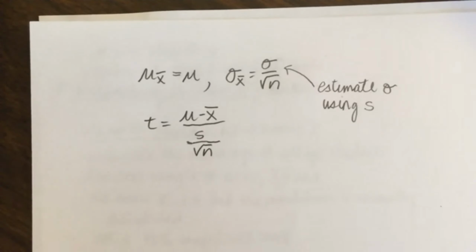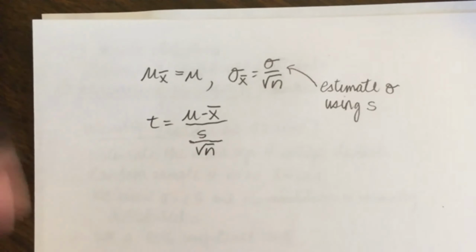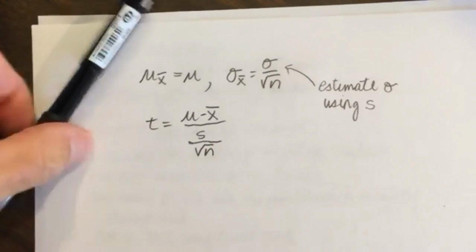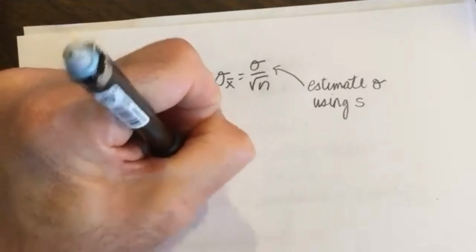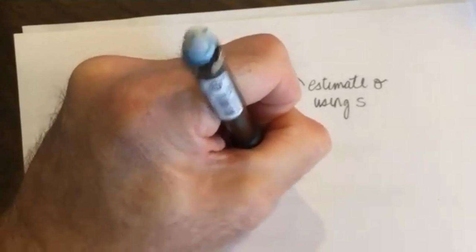Normally we would write Z here for a normal curve. It actually has a little bit different shape. And if you go take mathematical statistics and keep taking more stat classes, we can prove what shape it has. But it turns out that this has what we call a student T distribution.